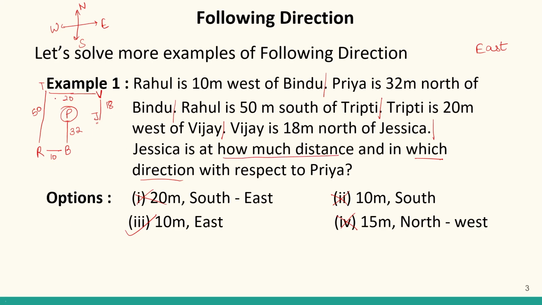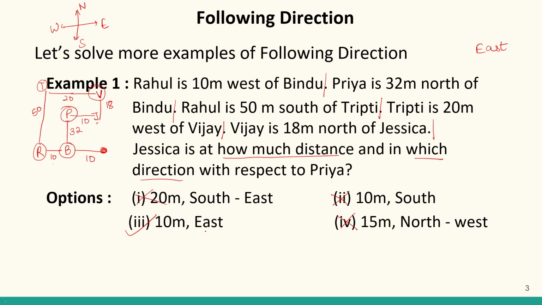If the distance between T and V is 20 and the distance between R and B is 10, then the distance between B and this point will be equal to the distance between P and J. So the distance between P and J will be 10. Therefore, the answer is 10 meters towards east.